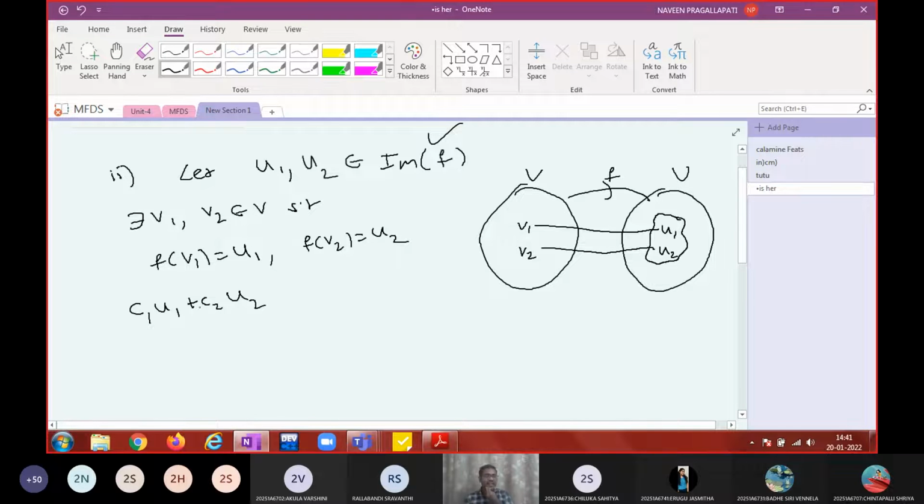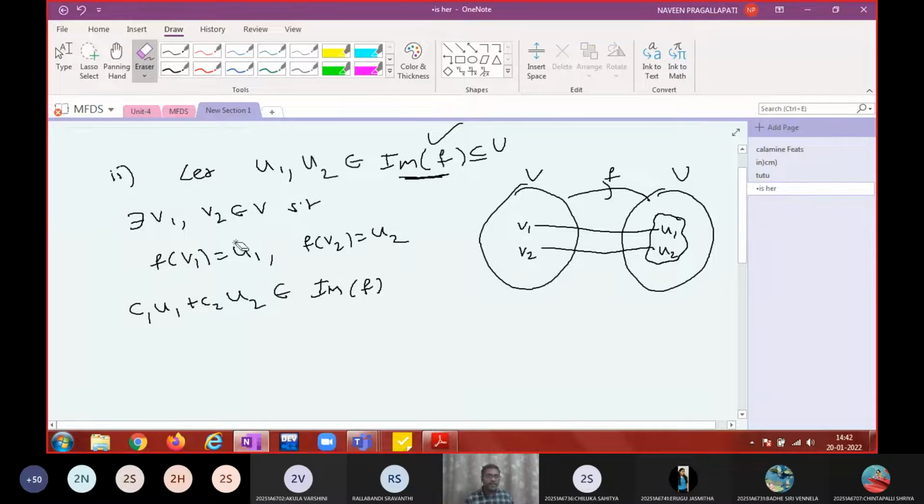If I want to show that this linear combination is also belonging to the image set. Okay, so how do I show that? If I can show that this is also an element of image of f, that means this is going to be a subspace of U. How do I show that?